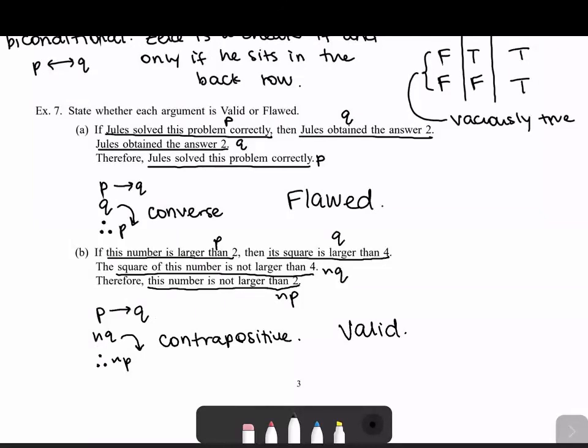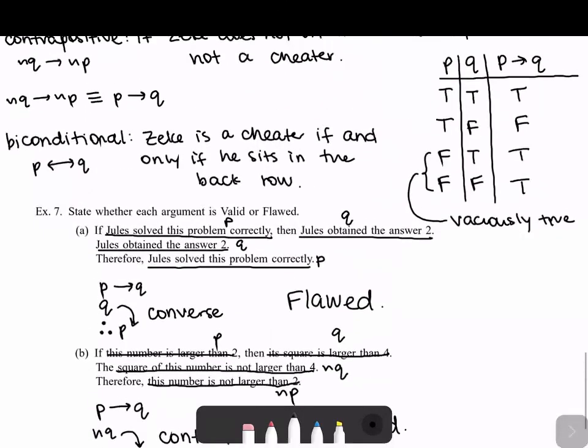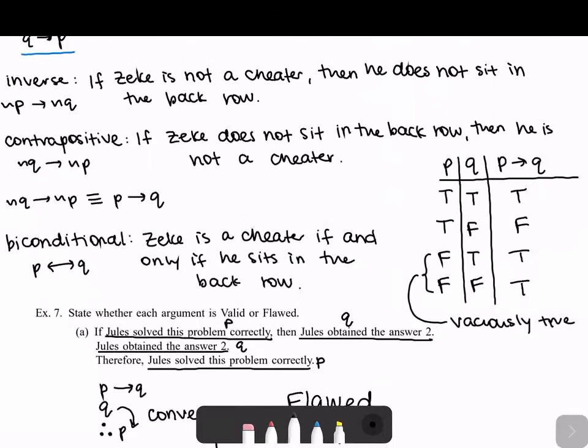Okay, one thing that I want to say about these different forms of the conditional before we stop this video is that you can always check these. So this statement that I set up here, not Q implies not P, is the same as P implies Q. You can check that on your own. If you still feel a little iffy about it, you can check that it is indeed logically equivalent.